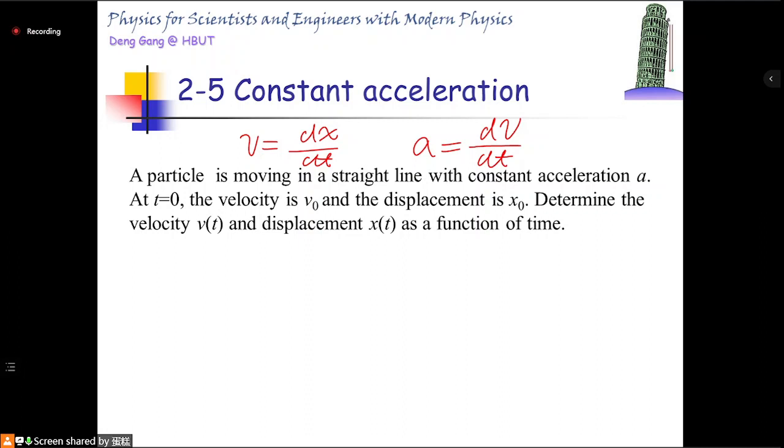If we want to find the function v(t), we start with this one: a is equal to dv over dt. Now we know a is a constant. We want to solve for v, so we separate the variables. a is something we know, a constant here, and v and t are the two variables.